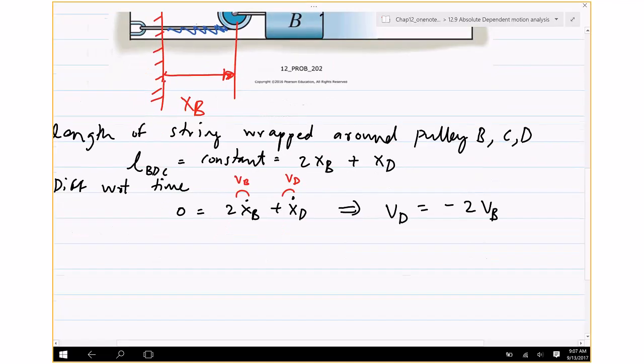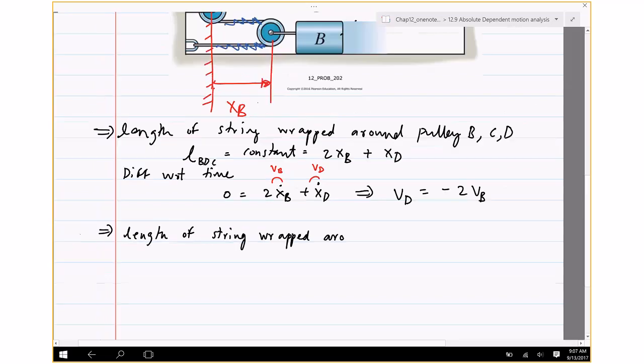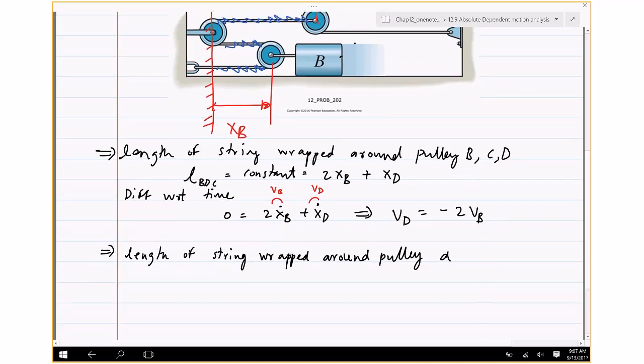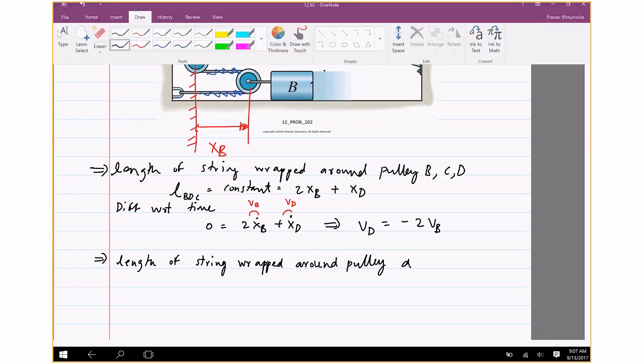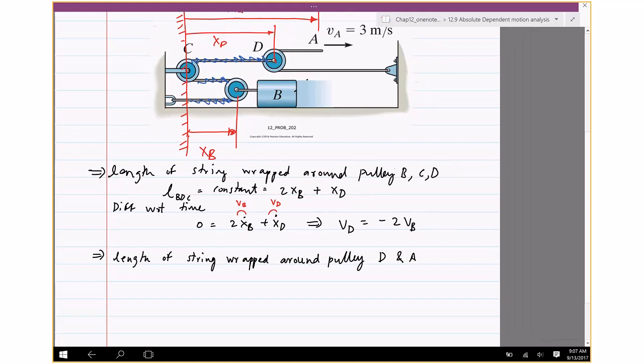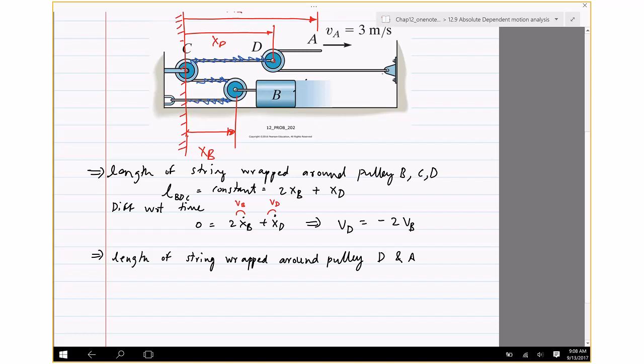Okay, so then the length of string wrapped around pulley D, or let me say pulley D and A. Let me use a different color.